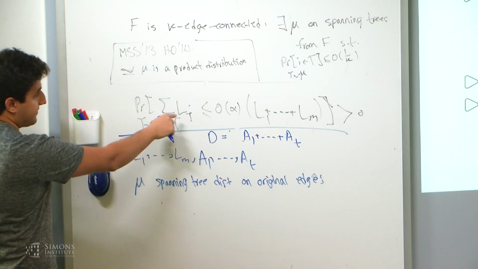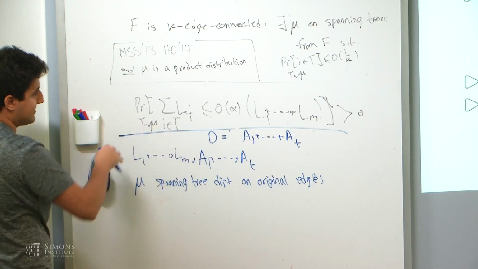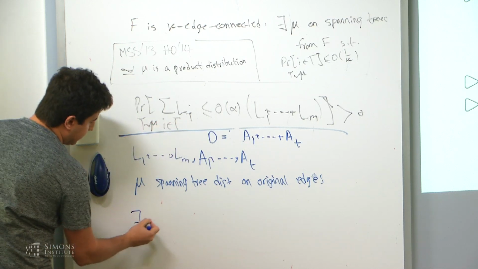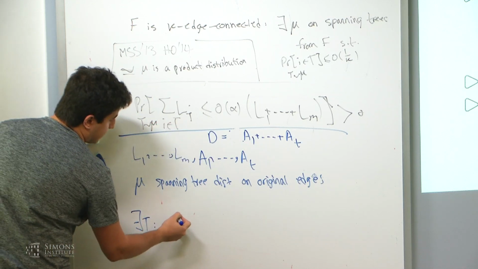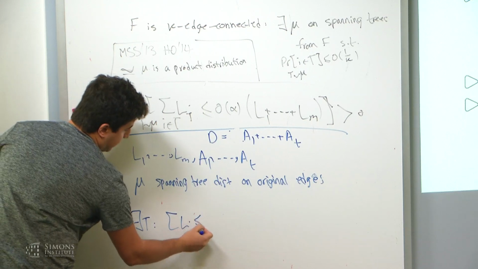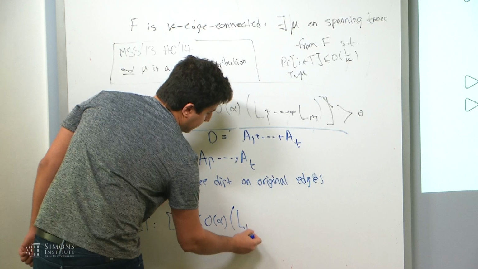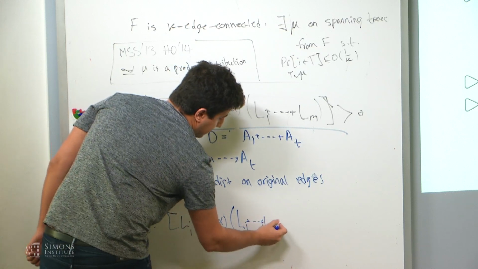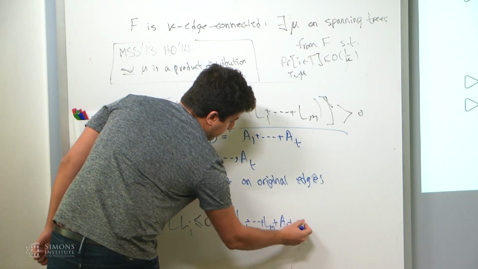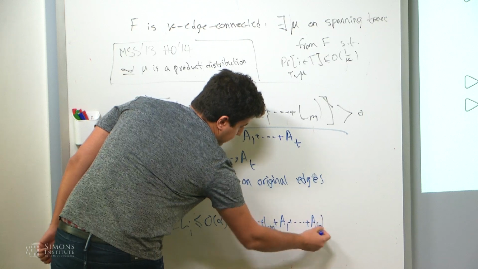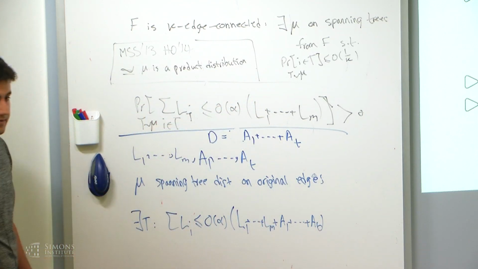So if the desired outcome happens, if there exists a tree such that the sum of Li is bounded by alpha times L1 to Lm plus A1 to AT, then you're done, right?